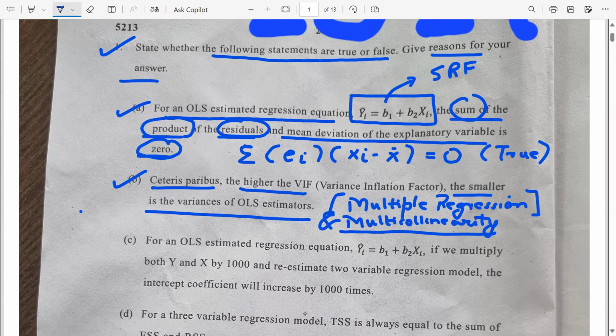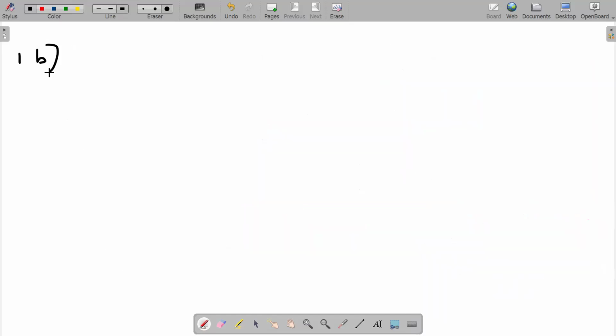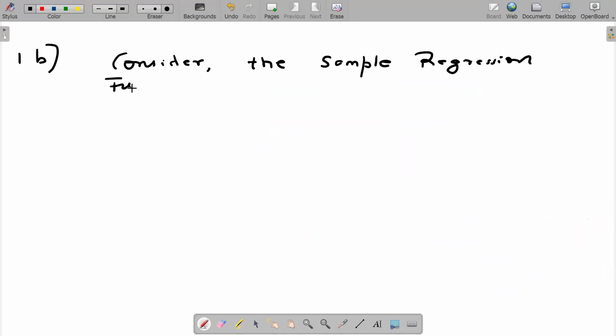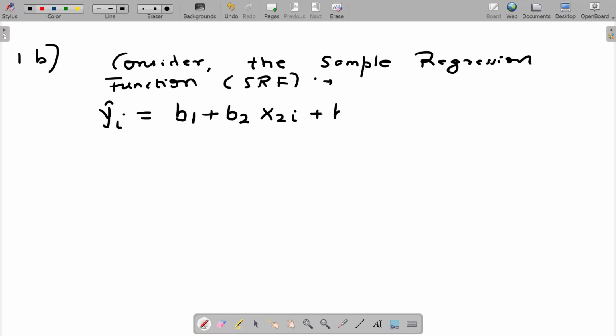Okay, so if I come to the whiteboard, erasing all this off, question 1 part B. Now consider the sample regression function, also called SRF, which is as follows: yi hat is equal to b1 plus b2 x2i plus b3 x3i.